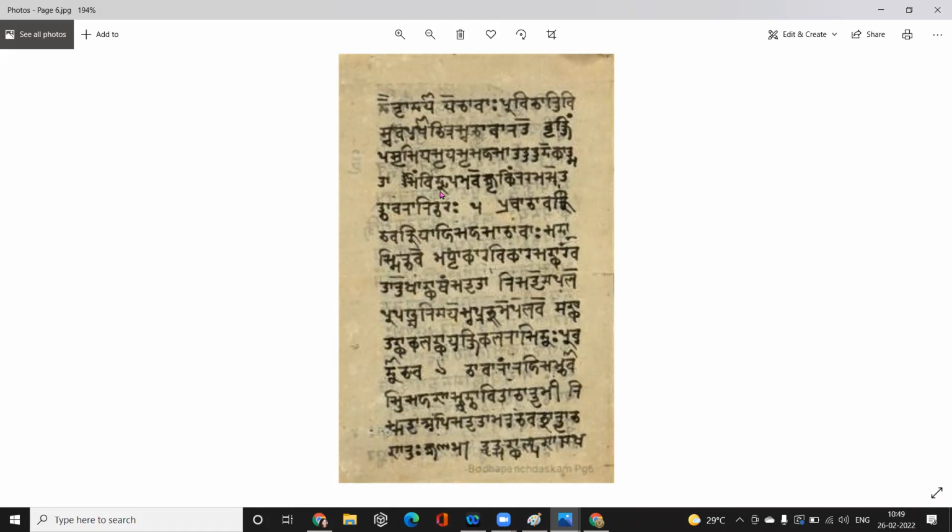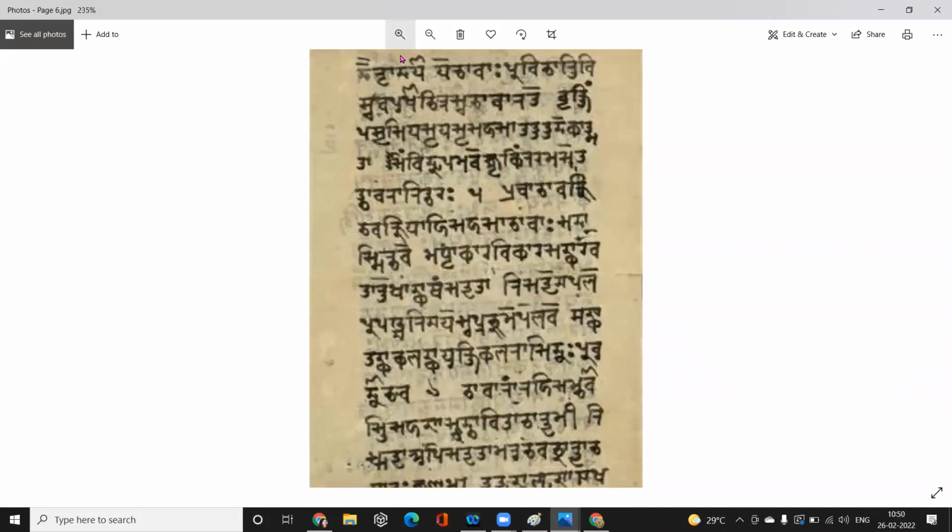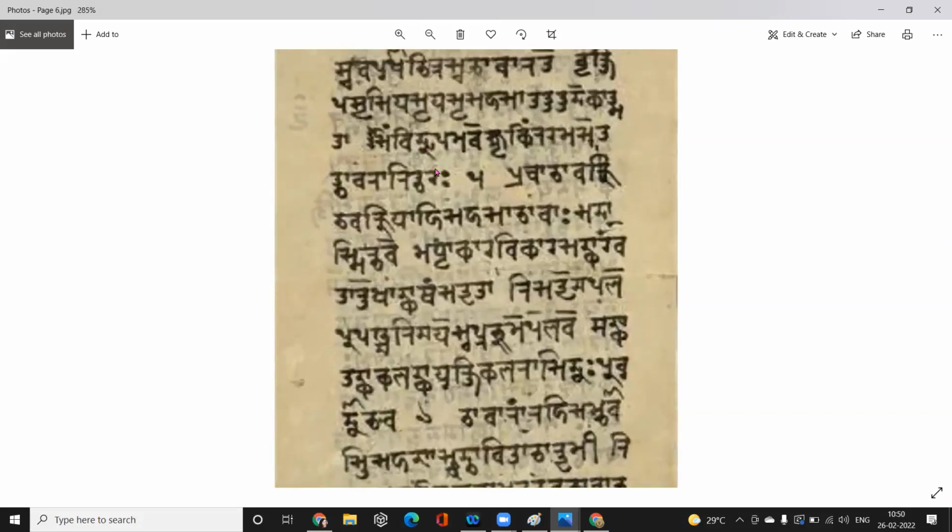Okay, this one, because it has e, the r, and... if you just zoom it a little bit more. Yeah, I'm not able to see. Are you able to read it now? So this is the rishi ri, matra ri, and what we have here is vidri.